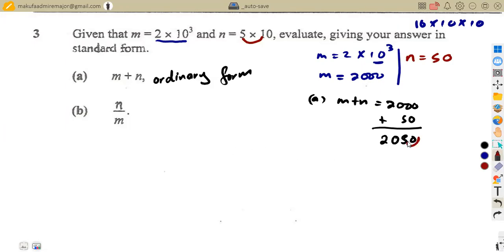So we're going to move our comma 1, 2, 3 up to this number. It's now 2.050, which is 2.05. This 0 does not affect us. Times 10 to the exponent, or 10 to the power of what? The number of places that we move the comma. We moved our comma 1, 2, 3. We moved 3 places.